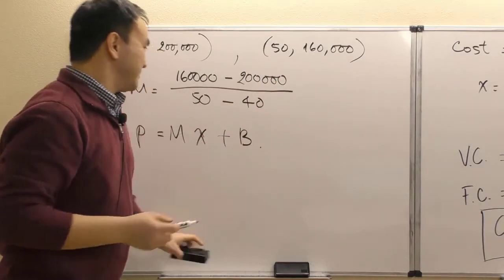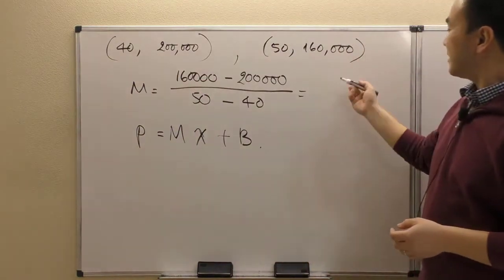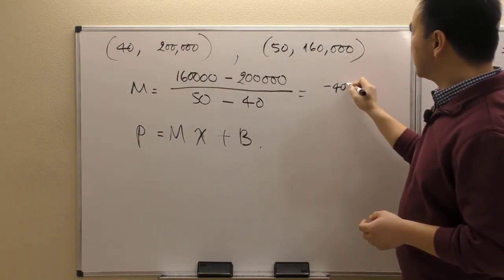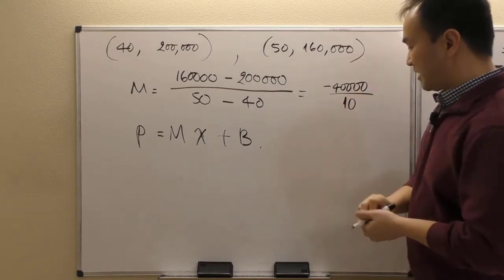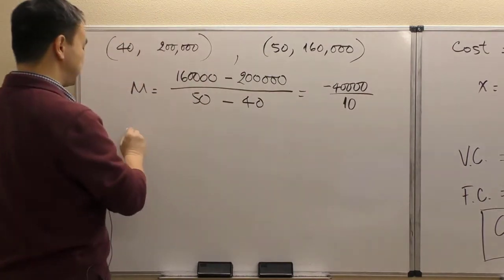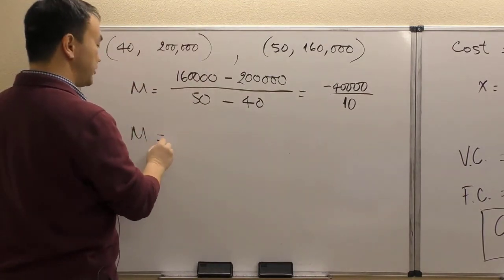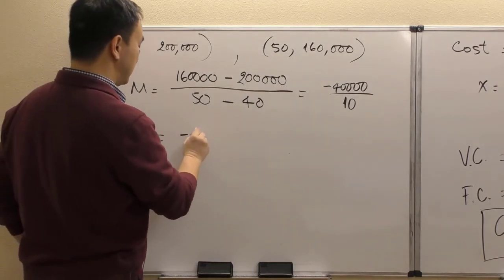That gives minus 40,000 in the numerator, divided by 10. So the slope for my linear relationship between price and quantity has to be minus 4,000.